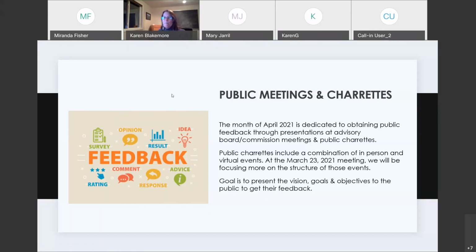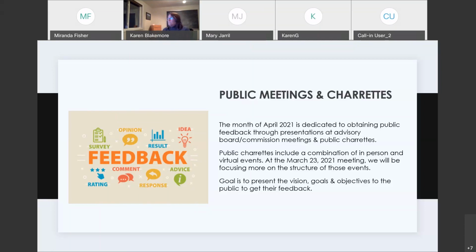So the original thought, and I think there is a way to do it socially distant, is that in person there would be 7 different stations, one for each subcommittee, where people could come around and all of the goals and objectives and vision statement are written out on a large board, and they could give their feedback.